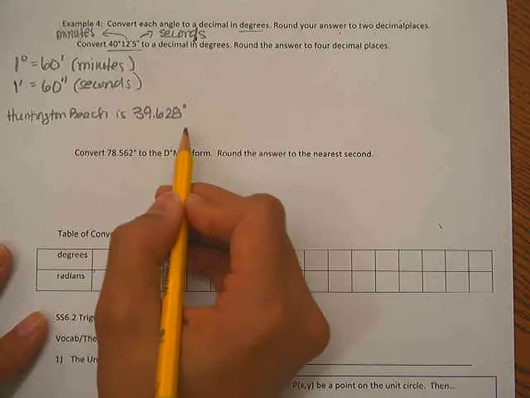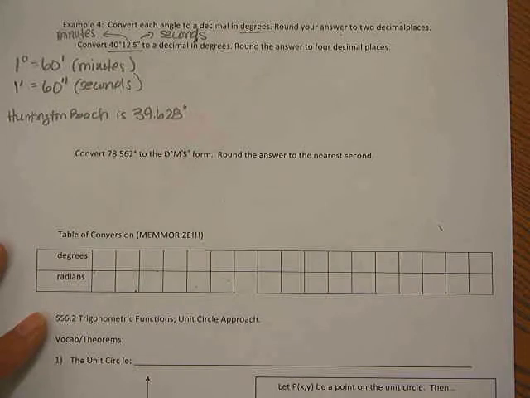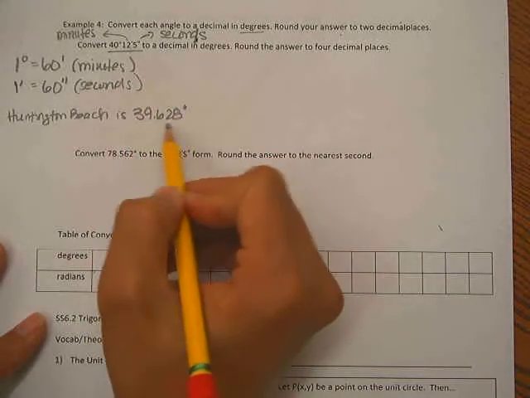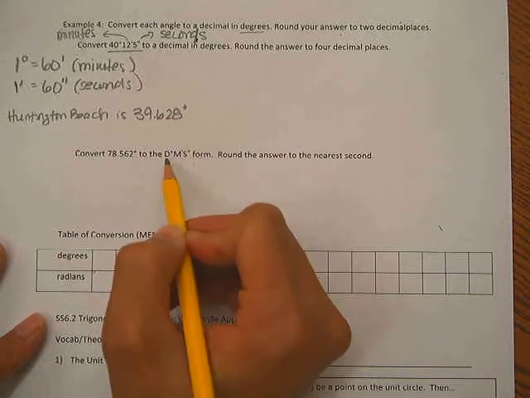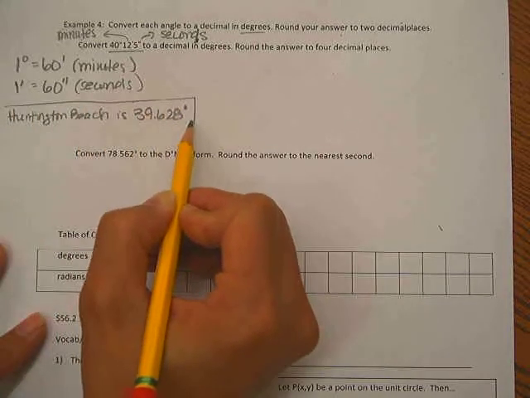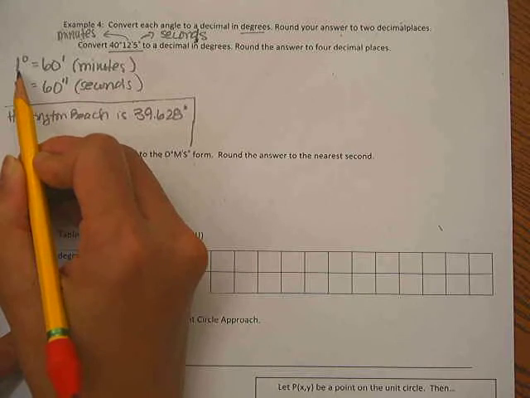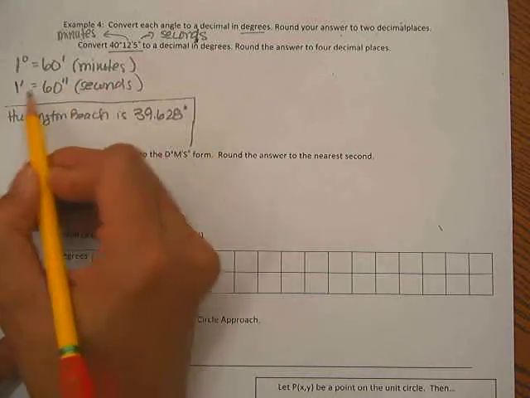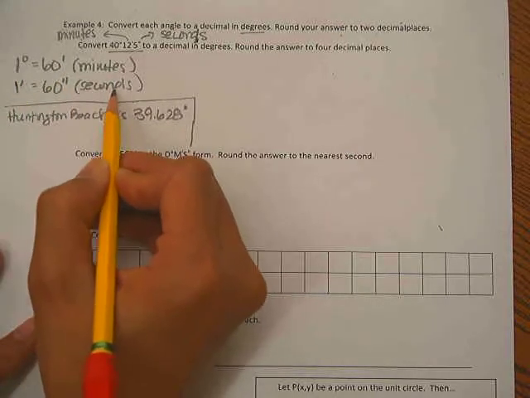So this is a latitude angle for Huntington Beach. In a little bit, maybe we can convert it to DMS, which is degrees, minutes, and seconds, but right now we're going to table this. So the conversion is 1 degree equals 60 minutes, 1 minute equals 60 seconds. So this is sort of normal.